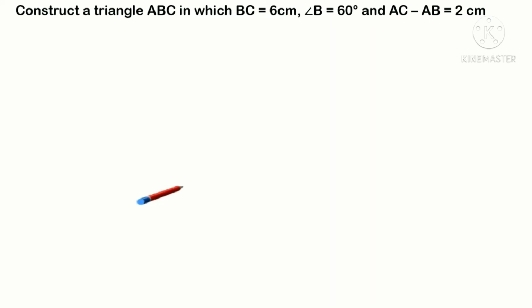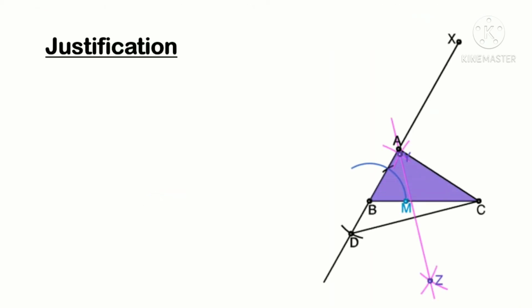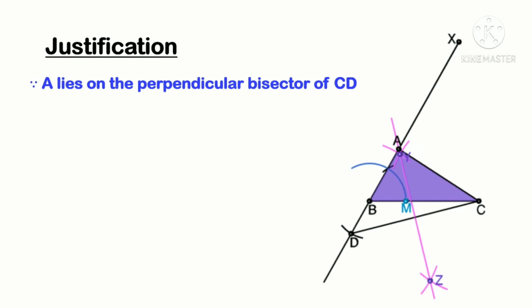Now justification. Since A lies on the perpendicular bisector of CD, AC will be equal to AD, same steps as we did for the previous one. Now from the figure you should see that AD is equal to AB plus BD. Fine.